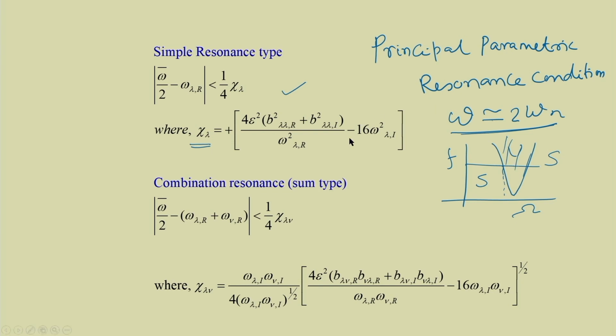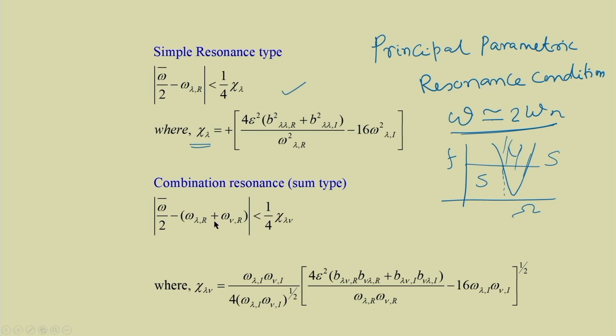Similarly for combination resonance, we already know that it can be of two types: the sum type and the difference type. In the sum type, one can write omega bar by 2 minus omega lambda r plus omega nu r. Here you have to take two frequencies: omega lambda is one frequency and omega nu is another.